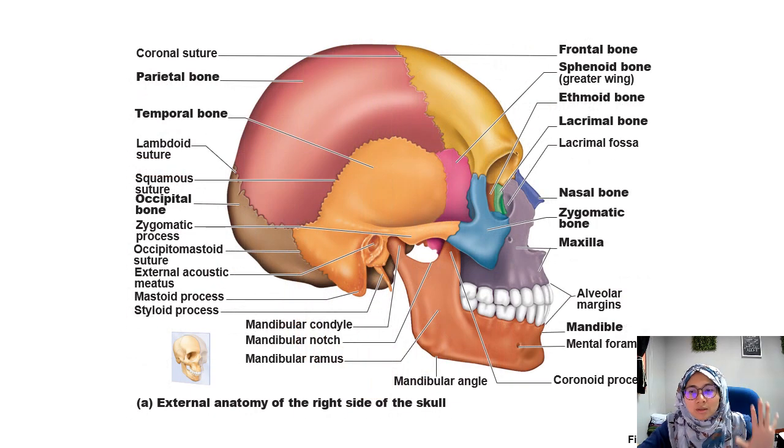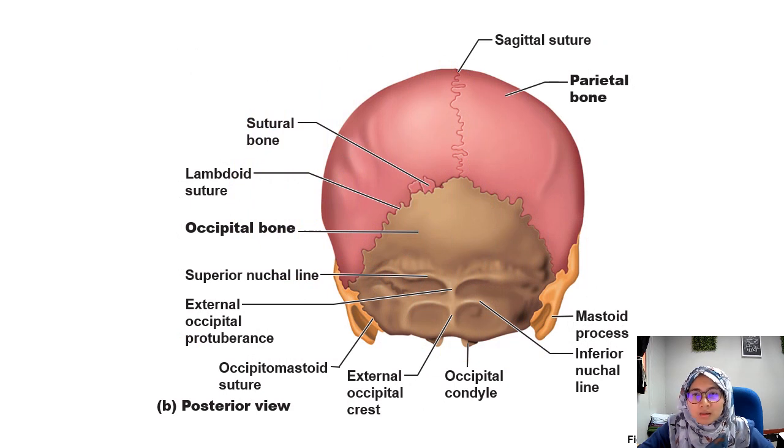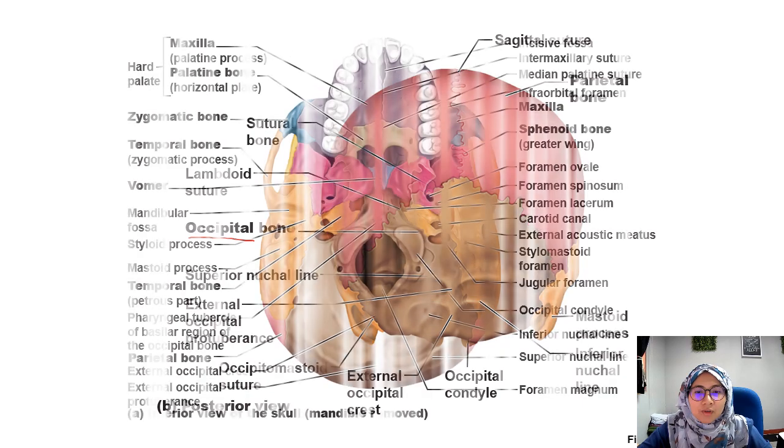Now this is the view from the right side of the skull. You can see here the temporal, parietal, frontal, ethmoid, lacrimal, nasal bone, zygomatic here, maxilla, and mandible. This is the view from the back. At the back of our skull we can see the occipital bone, which is only 1 bone.